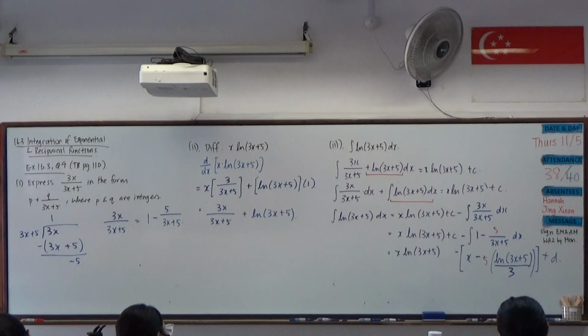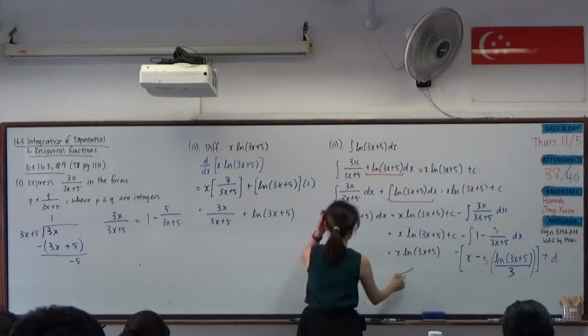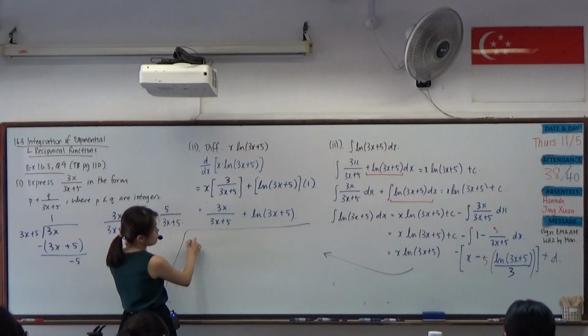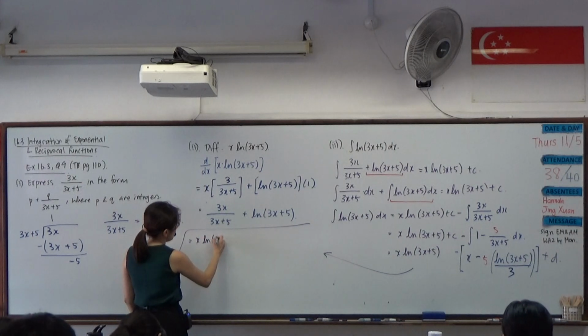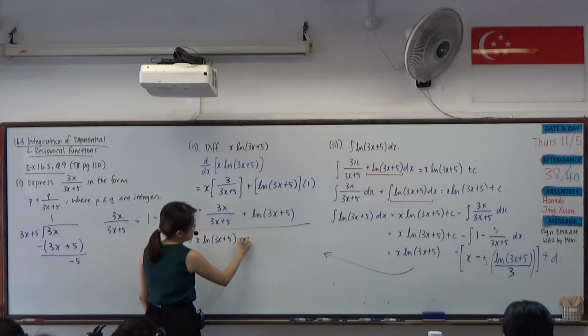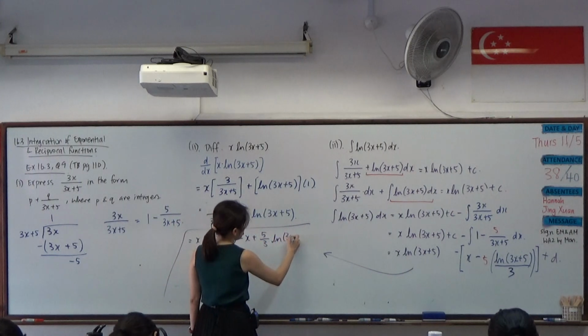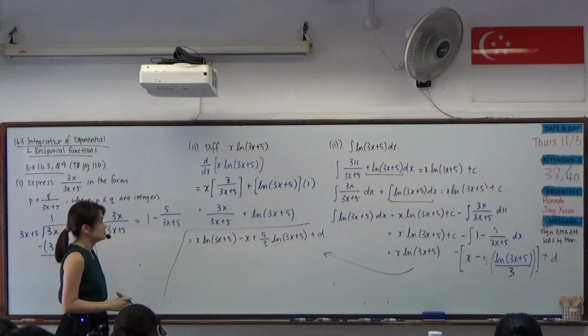Then we organize things. So that will be equals to x ln(3x plus 5) minus (x plus 5 over 3) ln(3x plus 5) plus c.